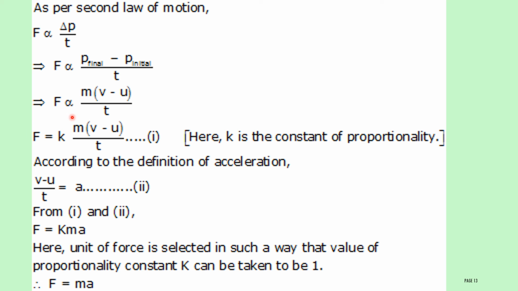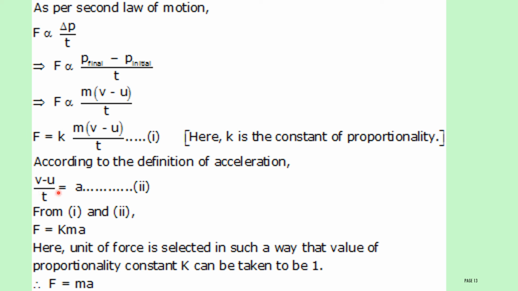To remove this proportionality, put a proportionality constant here, where k is the constant of proportionality. F equals k into m into (v minus u) divided by t. According to the definition of acceleration, acceleration is nothing but change in velocity divided by time, that is final velocity minus initial velocity divided by t.